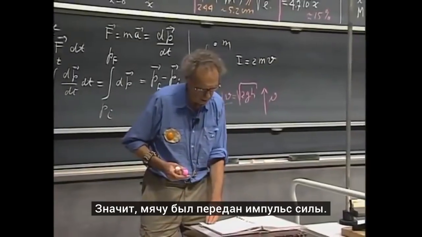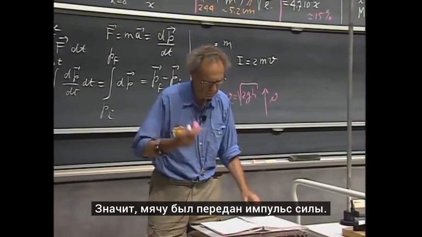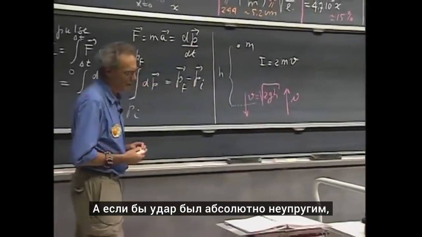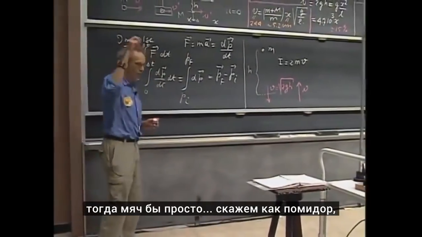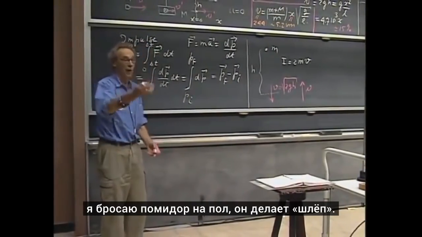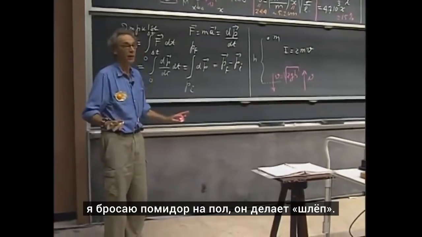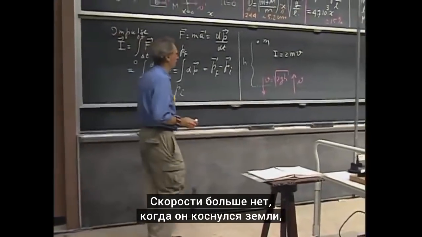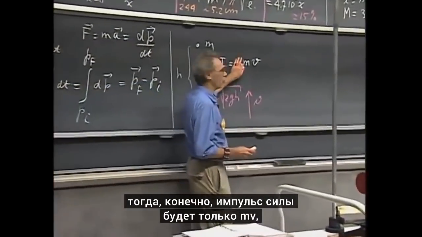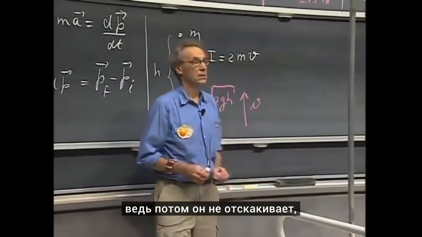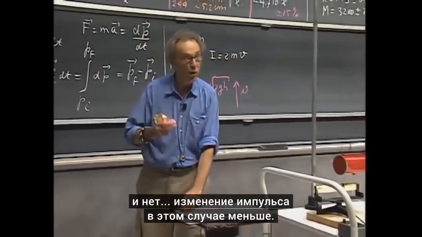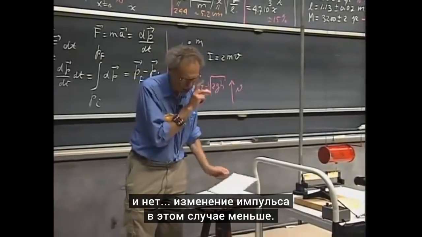Now, if the collision were completely inelastic, like a tomato thrown on the floor, it goes pfft, no speed anymore when it hits the ground, then of course the impulse would only be mv, because it doesn't come back up. So the change in momentum is smaller.